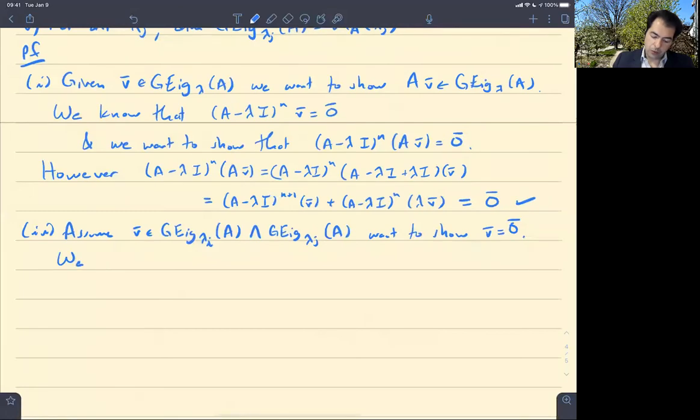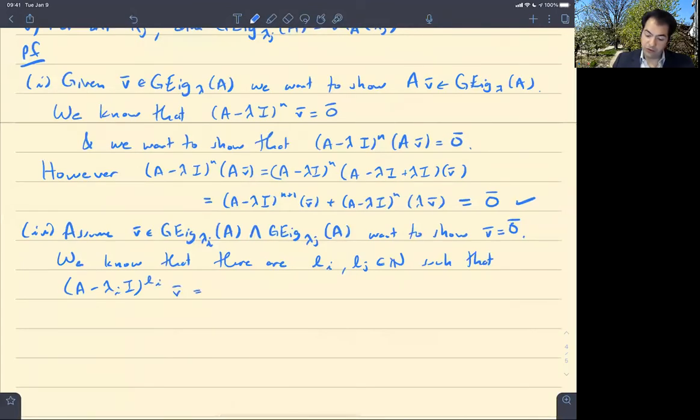Okay, well, we know that there are, let's say, Li and Lj in the natural numbers such that (A minus lambda i times the identity) raised to the Li applied to V is equal to 0, but (A minus lambda i times the identity) raised to the Li minus 1 applied to V is not equal to 0, right?